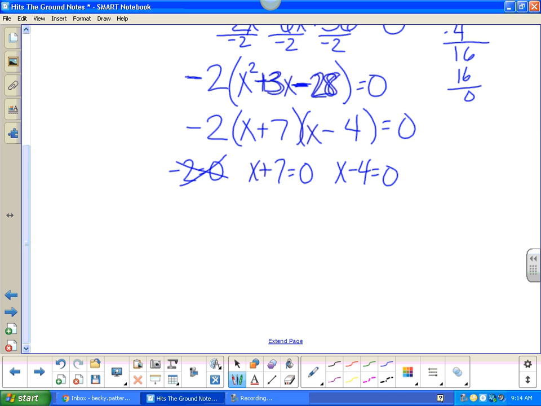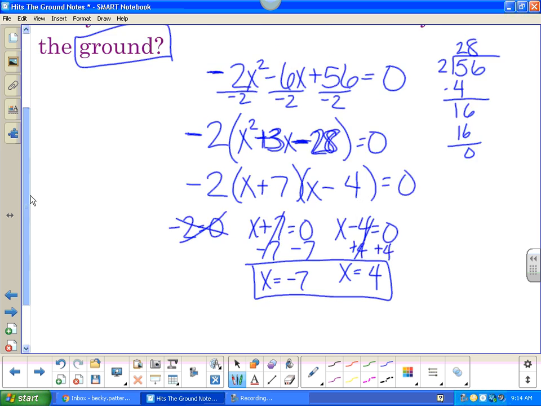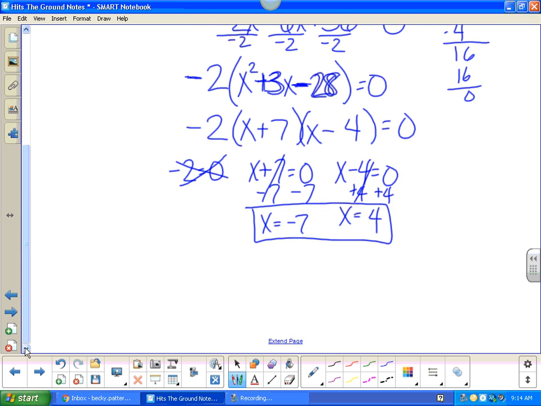That one has no x's in it, so not interested. So these are my 2 x's. Well, x represents seconds. Well, I can't have negative seconds, so this answer does not make sense.